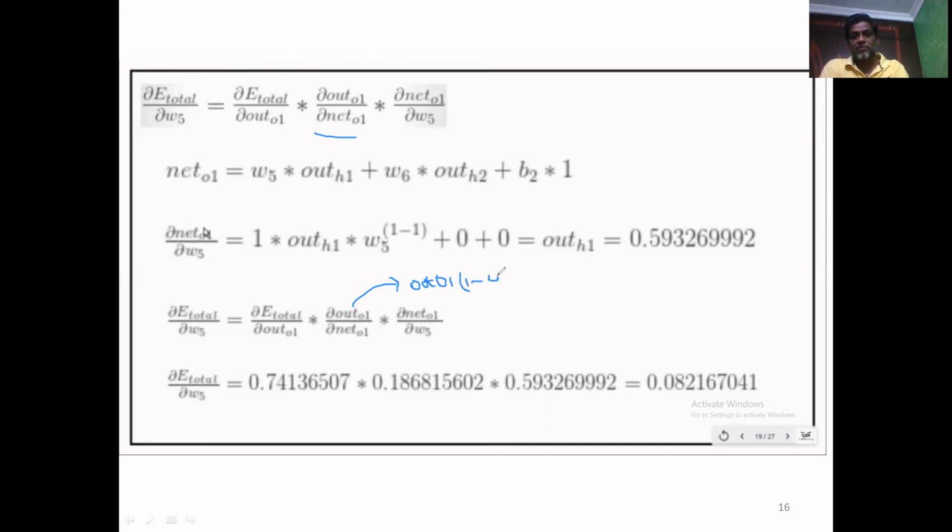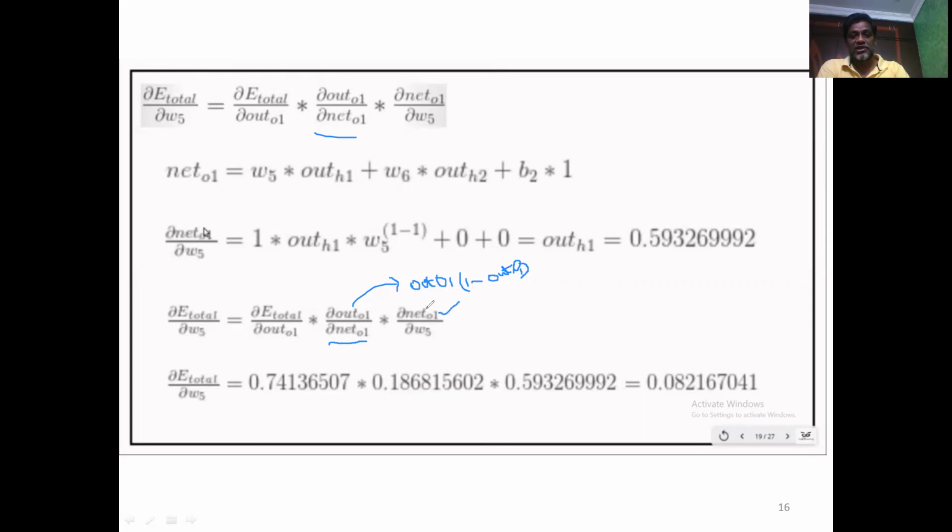This will be the formula for calculating dou out O1 by dou net O1, and dou net O1 by dou W5 is going to be the coefficient of W5. Just go through the previous video where I explained the steps used for calculating these two terms. Dou out O1 by dou net O1 will be calculated as out O1 into 1 minus out O1, and dou net O1 by dou W5 is going to be the coefficient of W5 in this net O1.